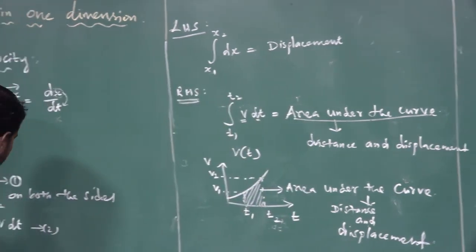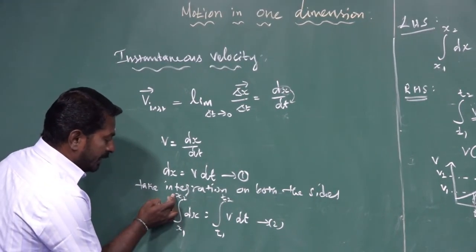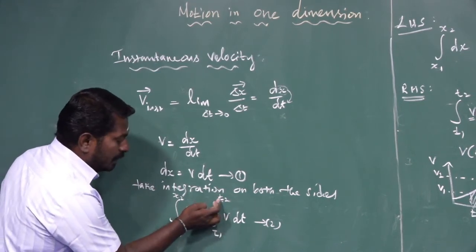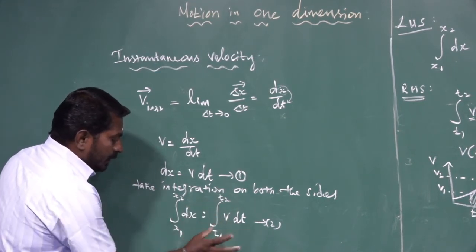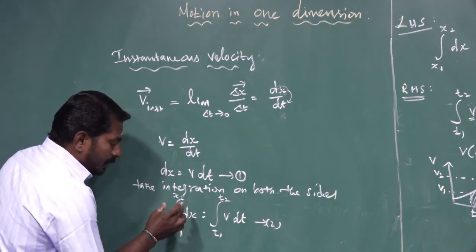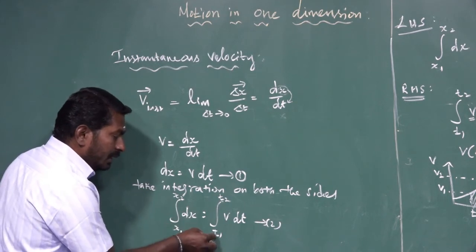So in the equation, integration with lower limit x1 and upper limit x2 of dx is equal to integration with lower limit t1 and upper limit t2 of v dt. The left hand side of the equation gives the displacement and distance in the time interval t1 to t2.